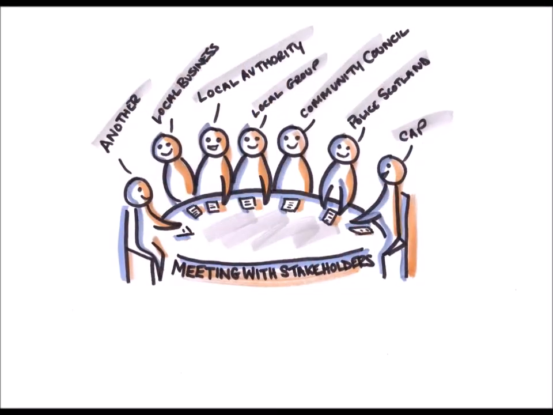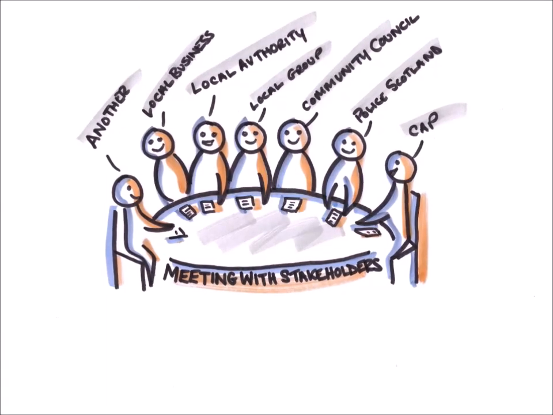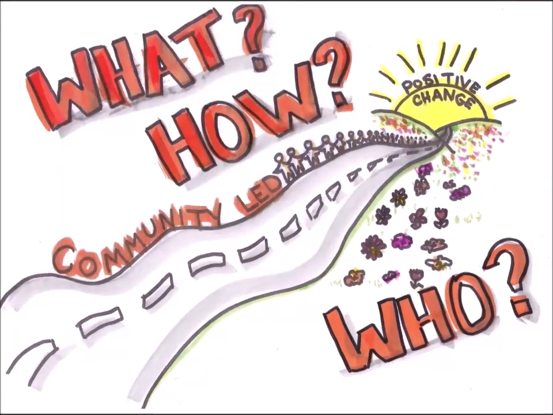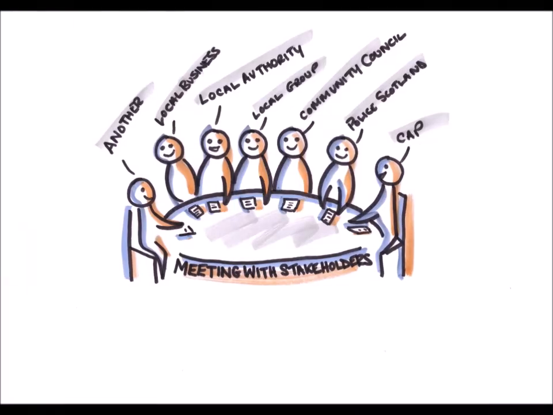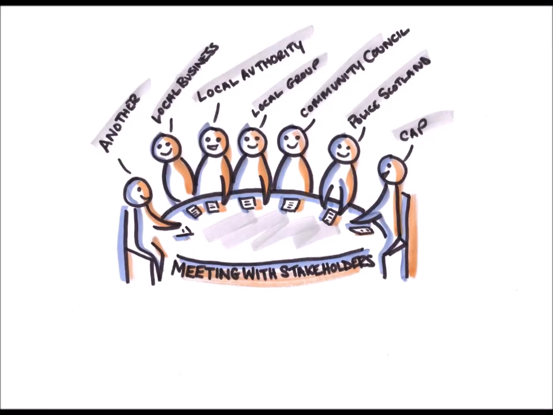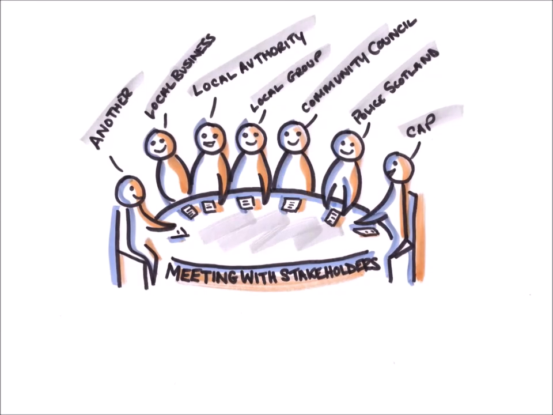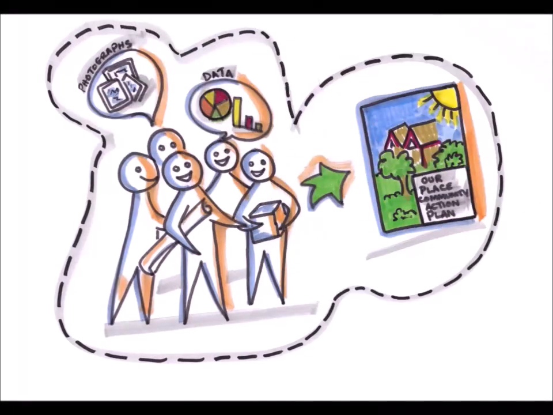Other stakeholders could include landowners, local groups, the community council, and local businesses. It will depend on the what, how, and who are identified through the list of SMART actions. So the next step is to meet with relevant stakeholders to secure their commitment and support where they can.